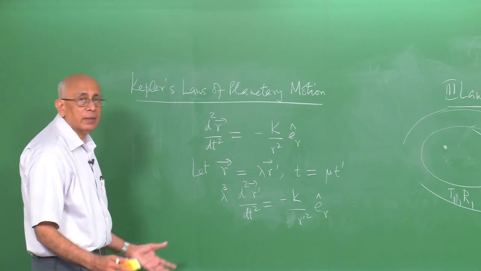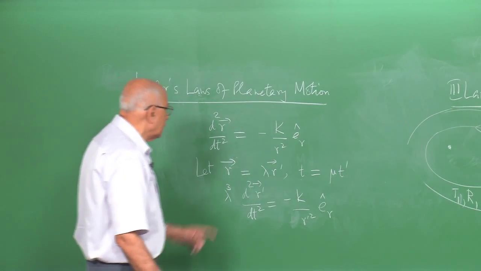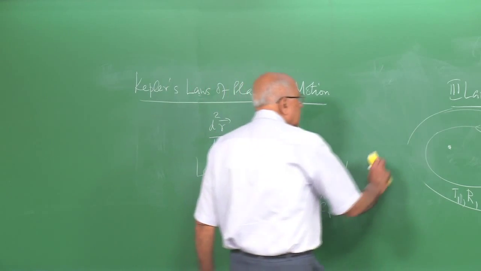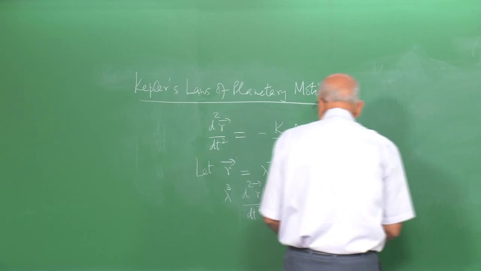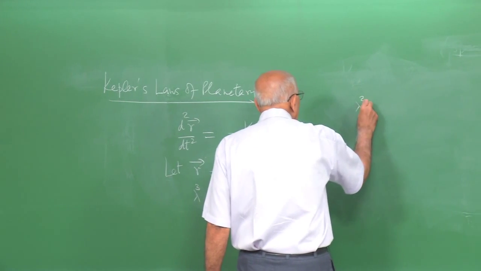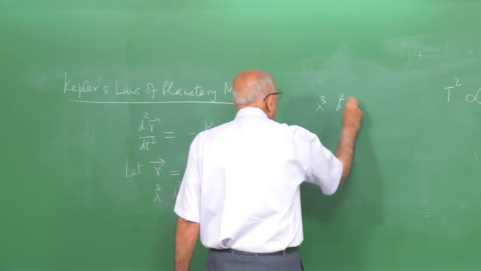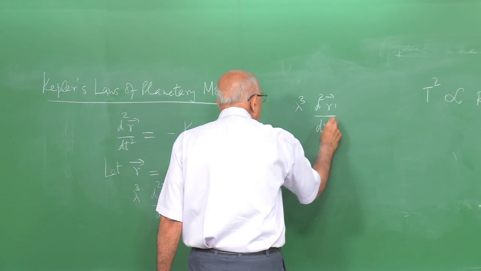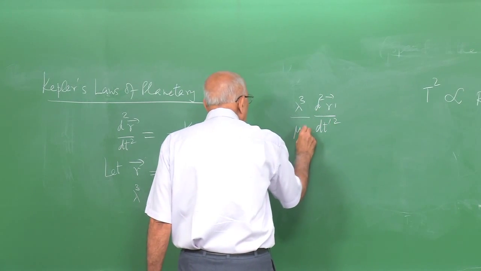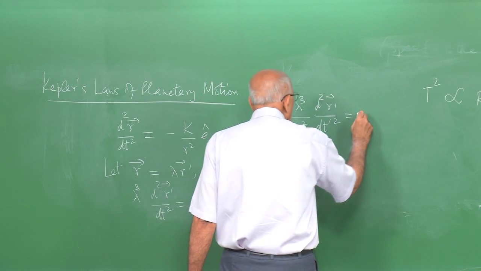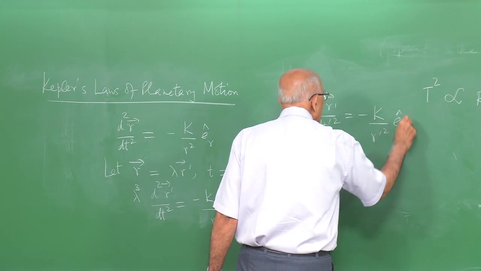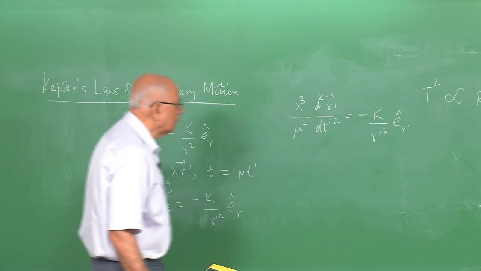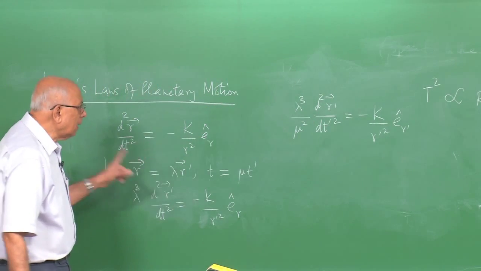Mu is some constant, some pure number. Then this equation becomes, in the new variable, lambda cubed d2r prime over dt prime squared, and there's a mu squared that sits here, equal to minus k over r prime squared e_r.